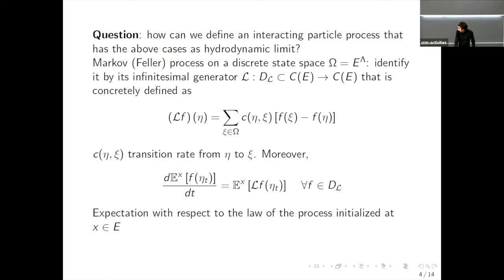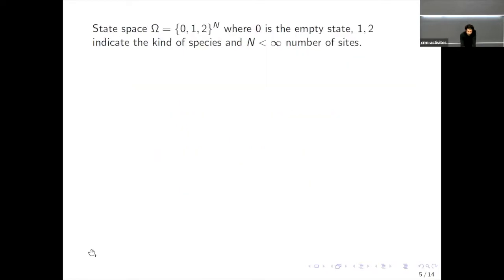initialized at x. So with these tools, we define a state space composed of the numbers 0, 1, and 2, where 0 mimics the empty state, and 1 and 2 indicate the two species.